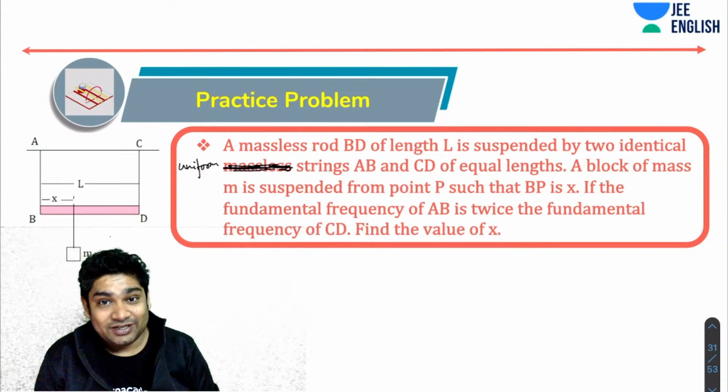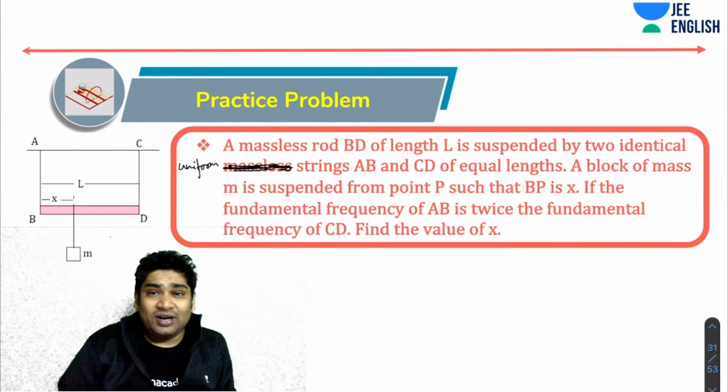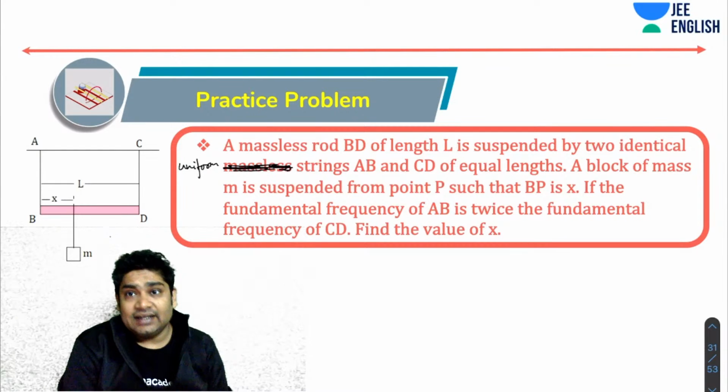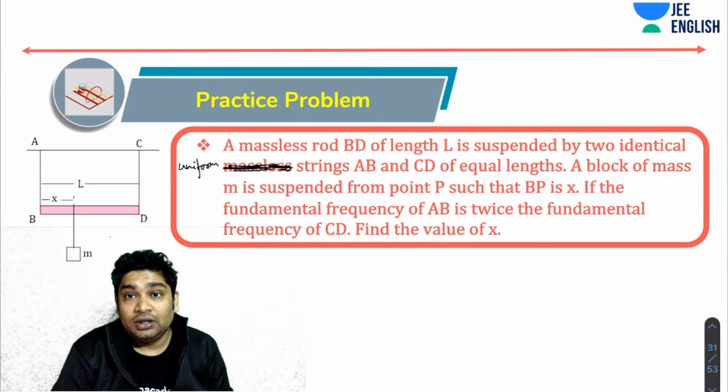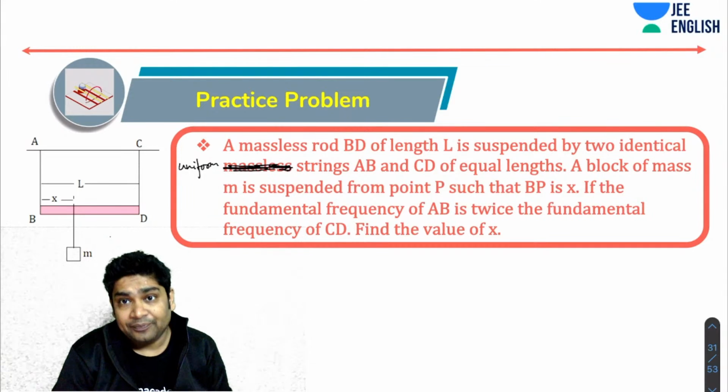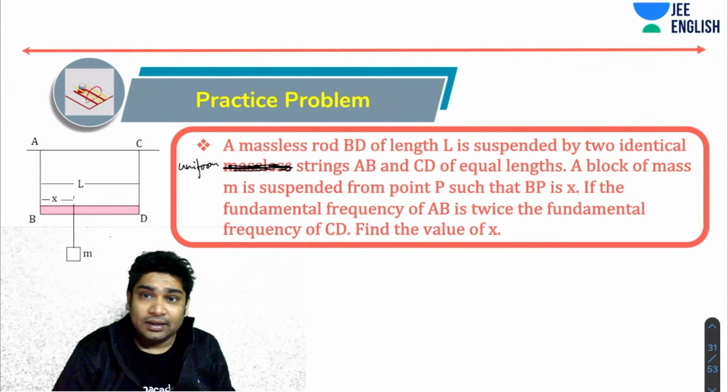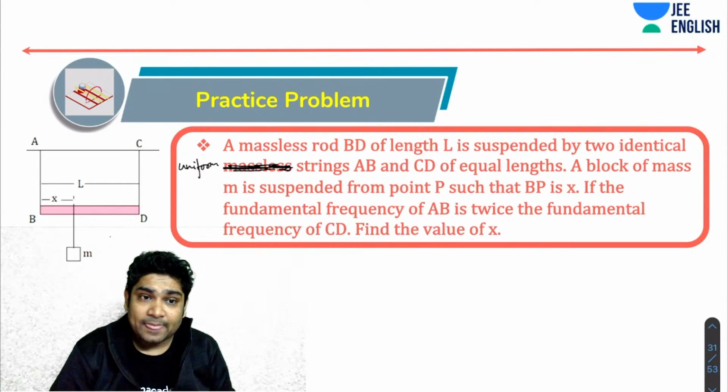T by mu is zero. The massless rod BD of length L is suspended by two identical uniform strings AB and CD of equal lengths. Now the block of mass M is suspended at a point P such that BP equals X. If the fundamental frequency of AB is twice the fundamental frequency of CD, you have to find the value of X. So try this.